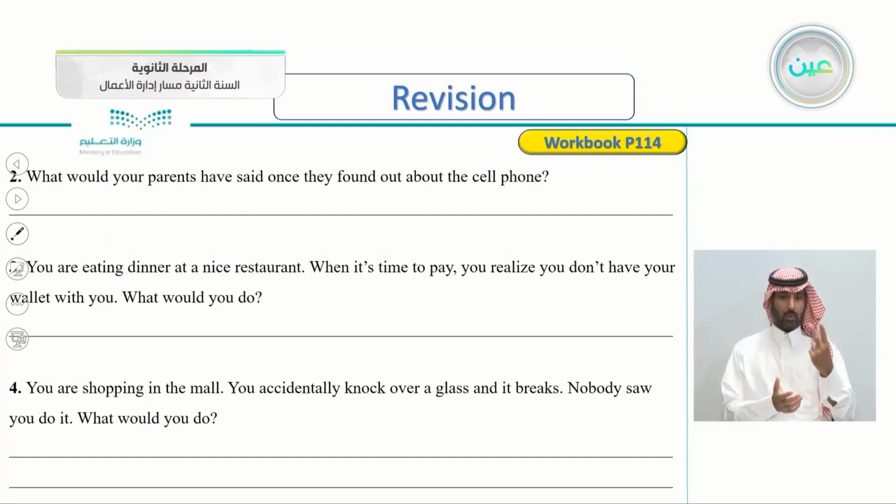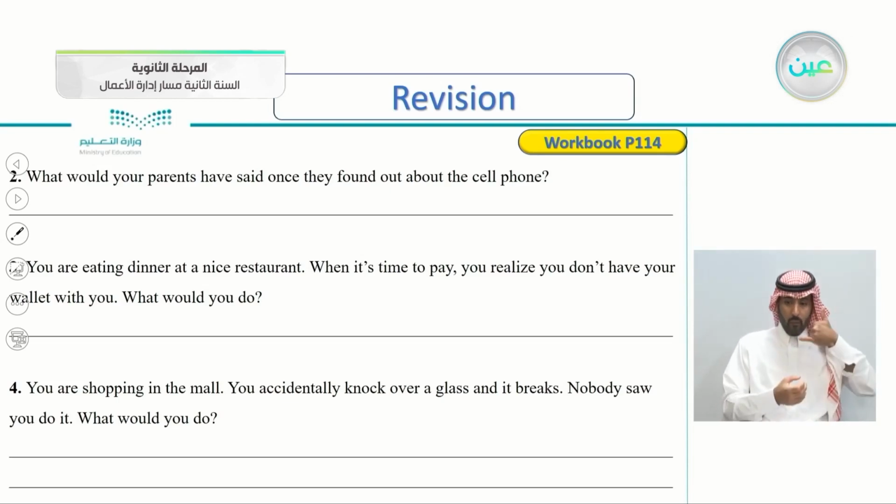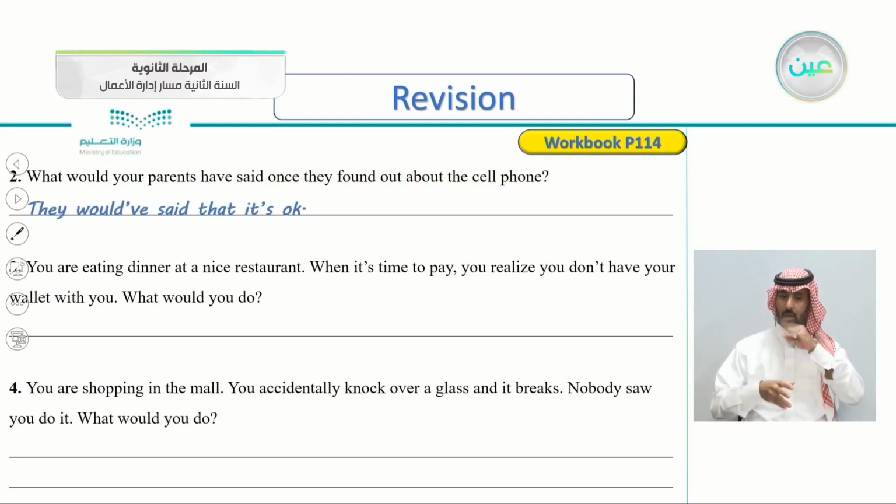Number two, what would your parents have said once they found out about the cell phone? So, what do you think the answer here would be? The correct answer here: they would have said that it's okay.